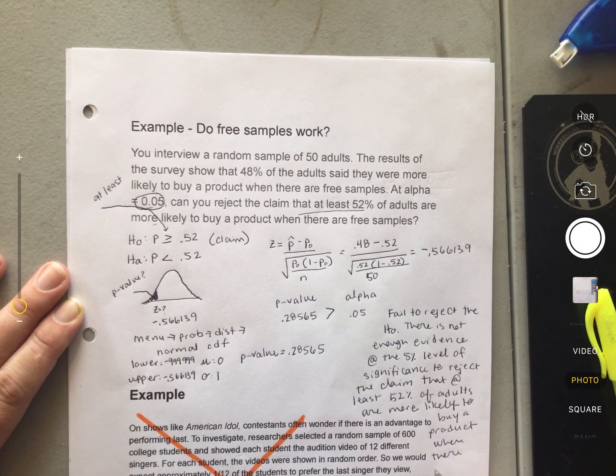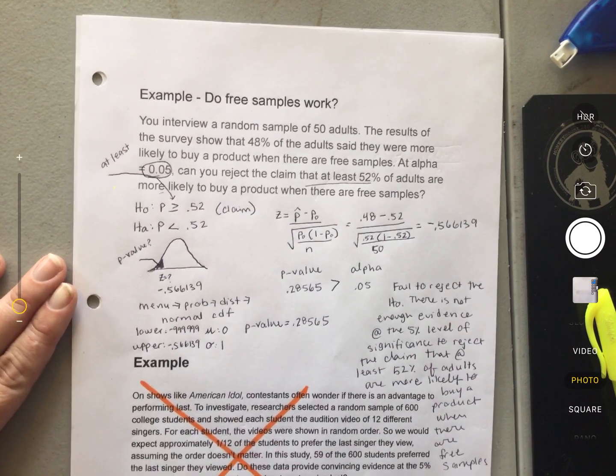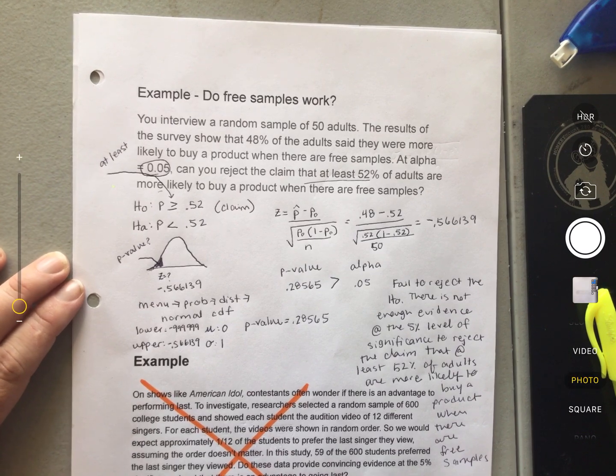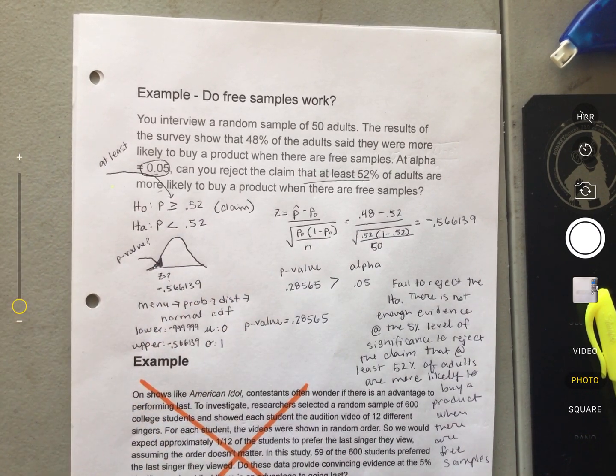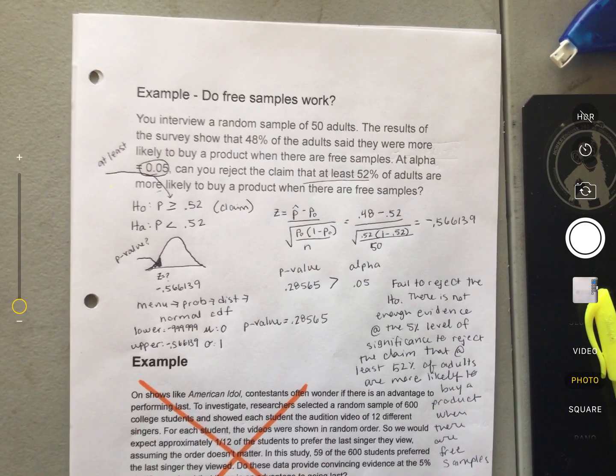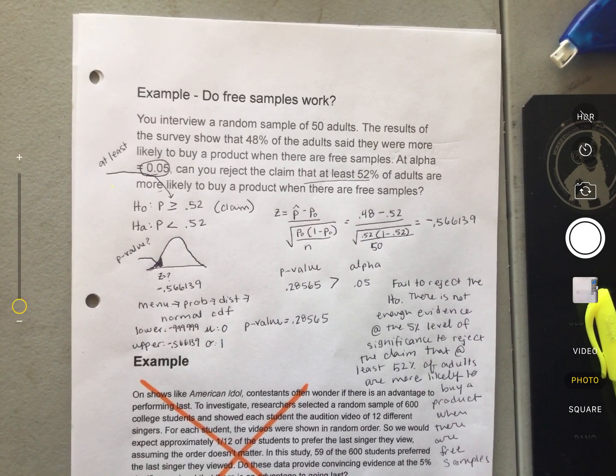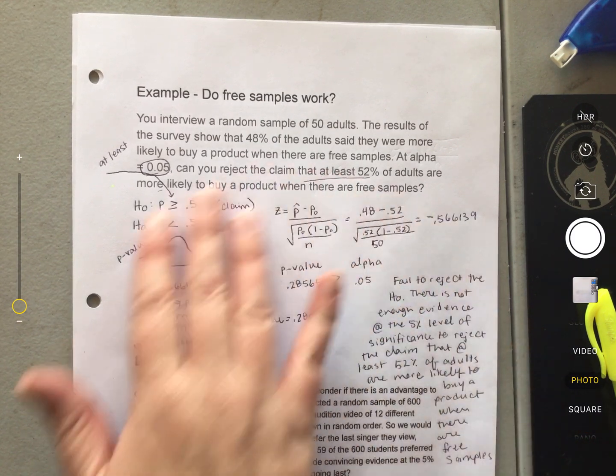So we don't have enough evidence to reject this claim. We're failing to reject it, okay? So basically saying that at least 52% of adults are willing to buy the product when there are free samples.